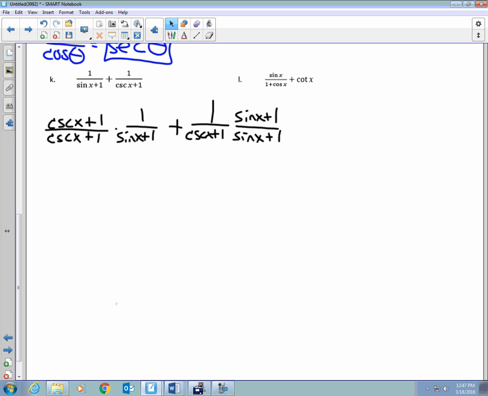The common denominator will be sine of x plus 1 times cosecant of x plus 1. And it looks really, really bad, doesn't it? So that's that right there. And that's that right there.